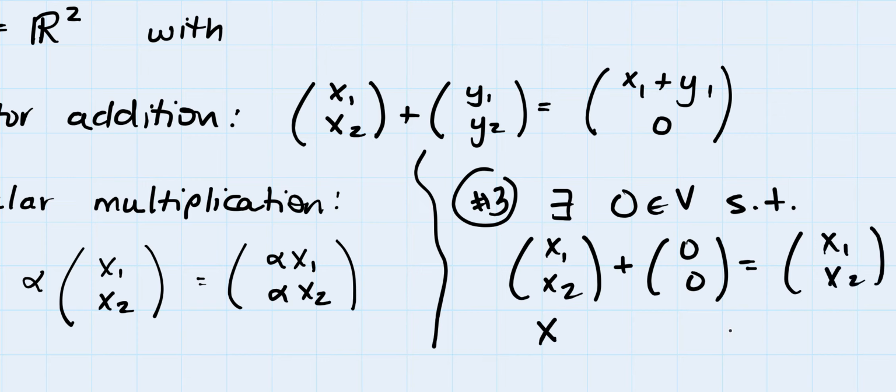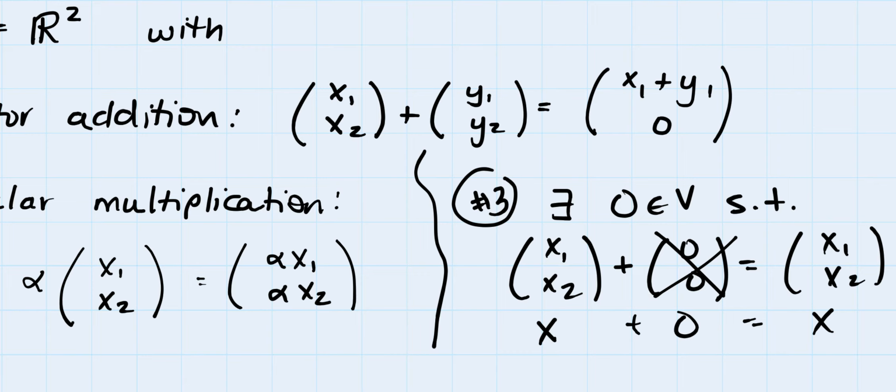Because this is x and this is the 0 vector, and we get the vector x. But there's actually no vector here. I'm assuming it's 0, 0, but there's no vector that will give us this vector back, because we always take whatever was here and force it to equal 0.